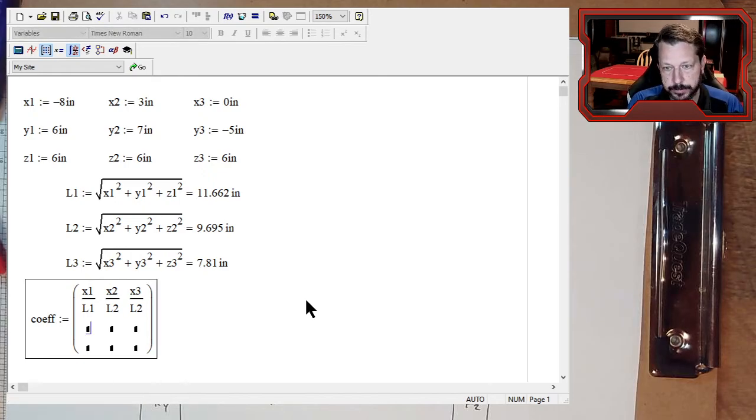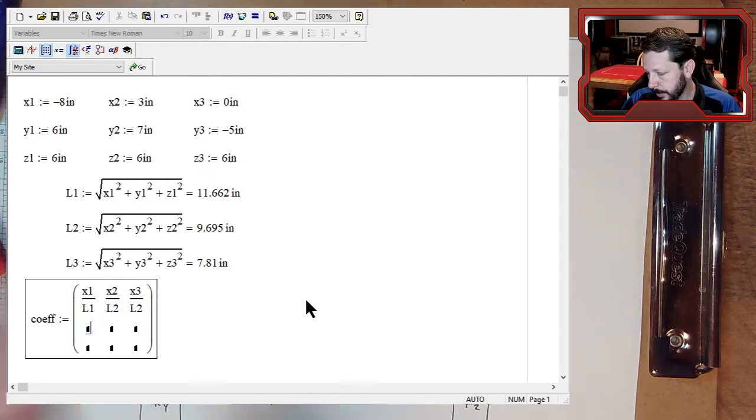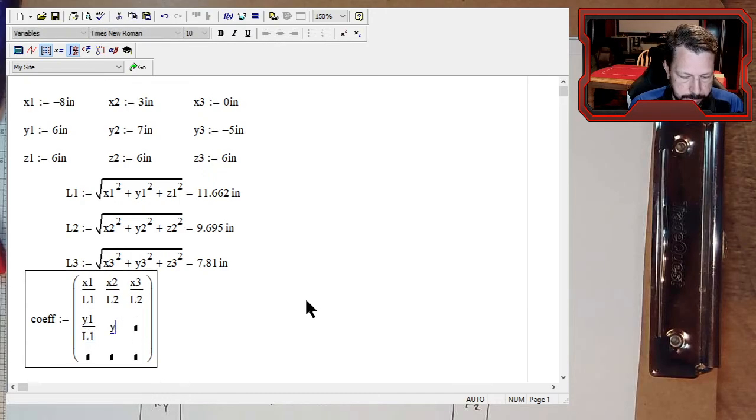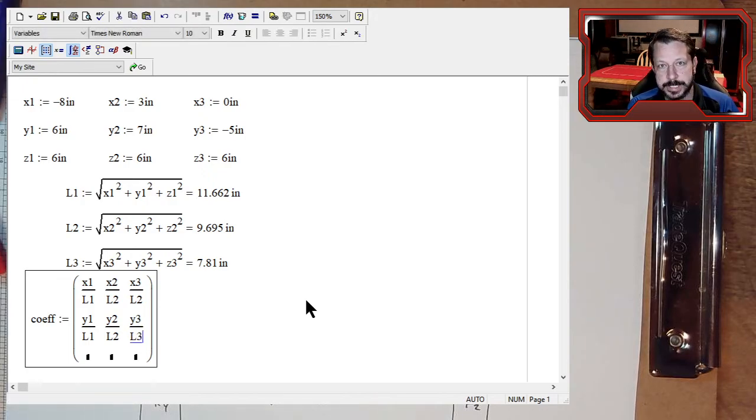This middle row represents, the way we set it up, the y equations. So I'm going to have y1 over L1, y2 over L2, and y3 over L3. Those are the coefficients that go with calculating the y component of force 1, the y component of force 2, and the y component of force 3. And then we do the z's.